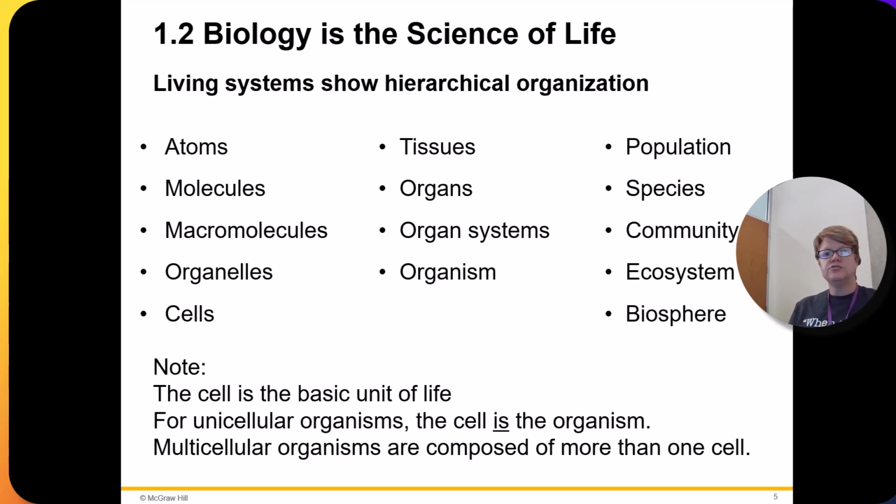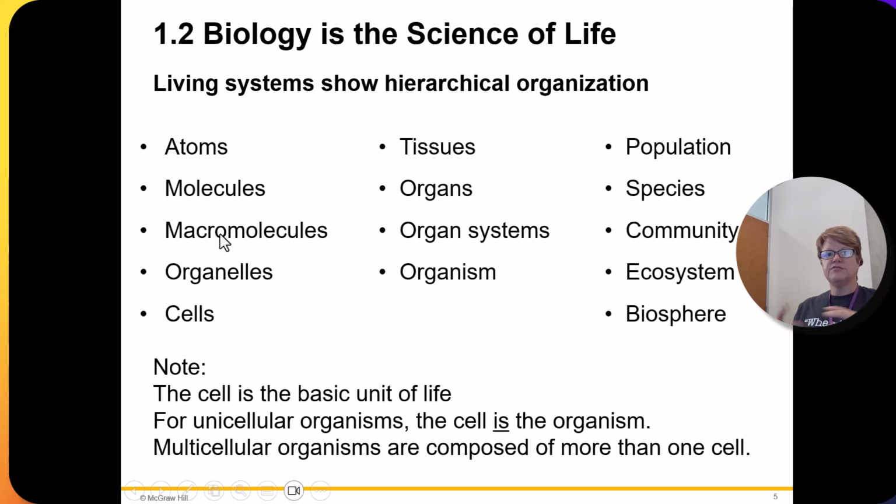And so as you go from one level to the next, from atom to molecule, from molecule to macromolecule, fundamentally what you're doing is creating larger and larger things based on the previous level, many of what came before. So several atoms together make up a molecule. Lots of atoms make very large molecules, or macromolecules.